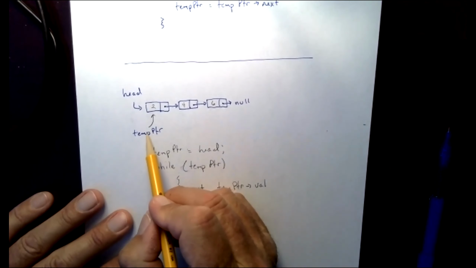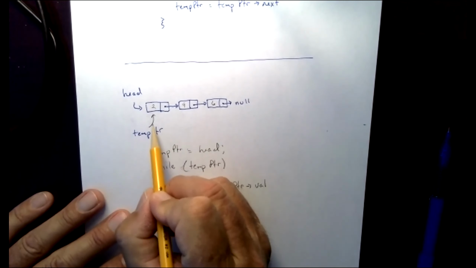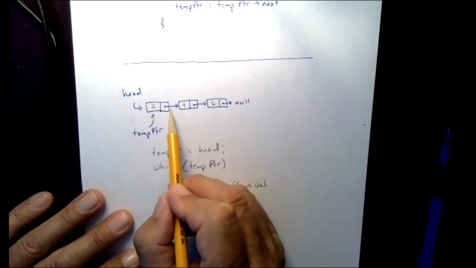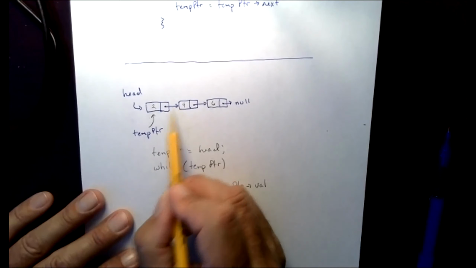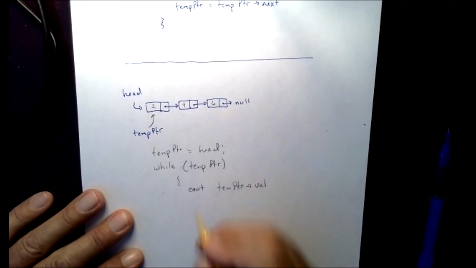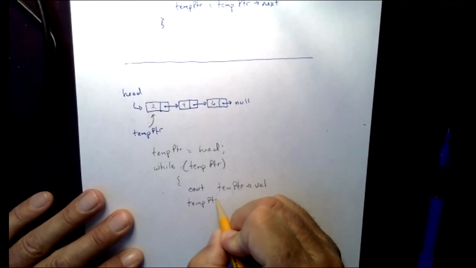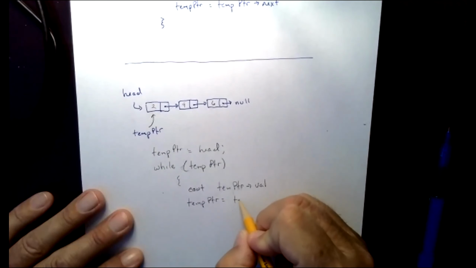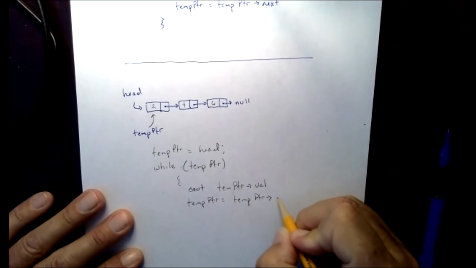So now I want to move this guy to the next one, which means I don't want temp pointer to point here. I want the pointer that points there. And what is the pointer that points there? Well, right now, this guy is temp pointer's pointer. It's the name of whatever's pointing to this node's pointer. So temp pointer is going to get the value of temp pointer's pointer.